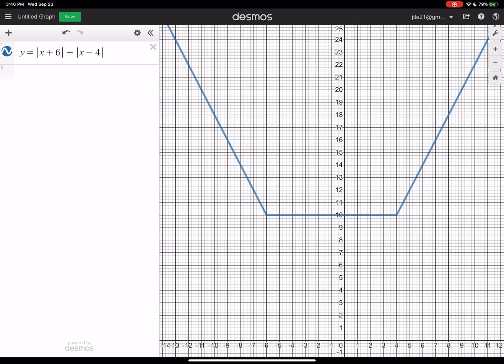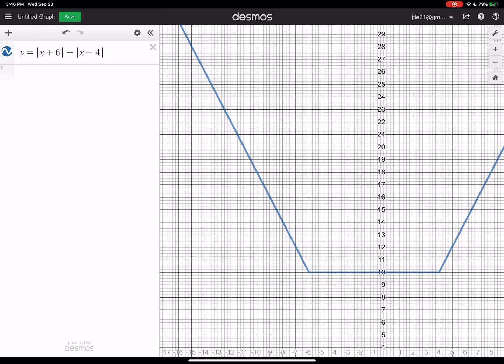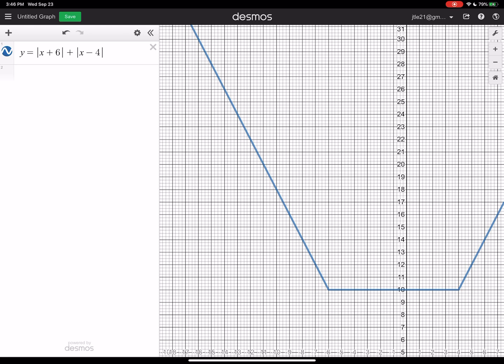Okay. So if we were to just talk about this graph, right? Kind of like when you guys are reading a book or you're reading a sentence, we read from left to right. Same thing when we're reading our graph. We follow the graph from the left to the right here, okay?